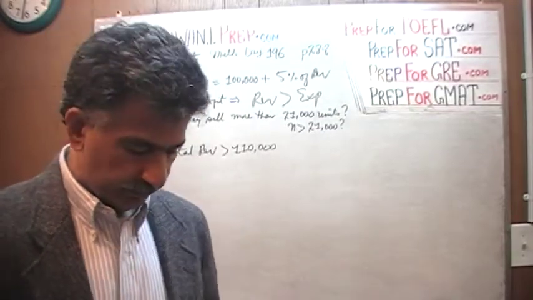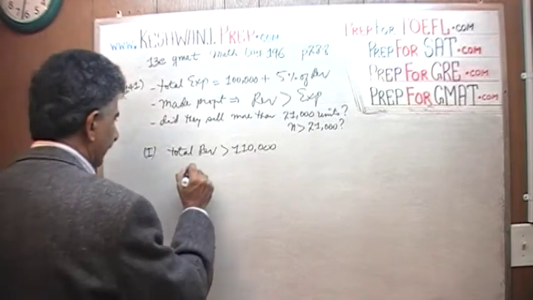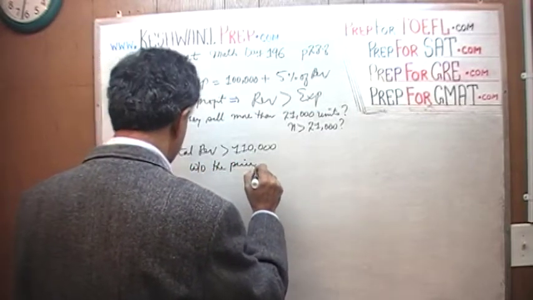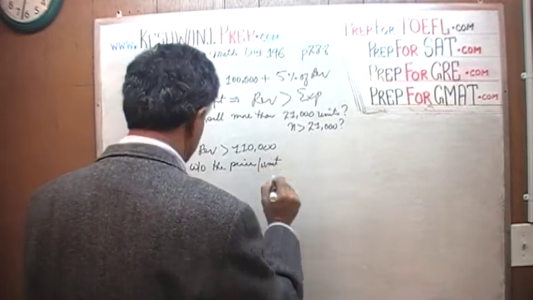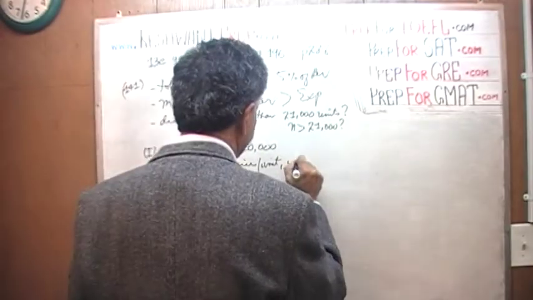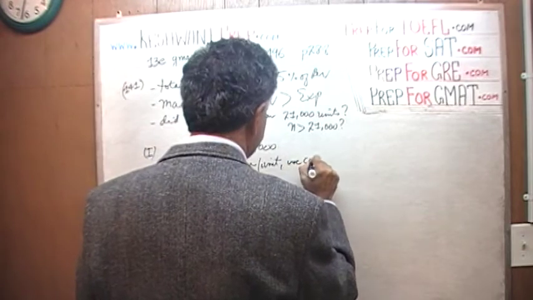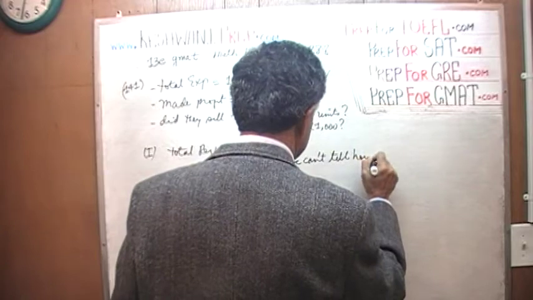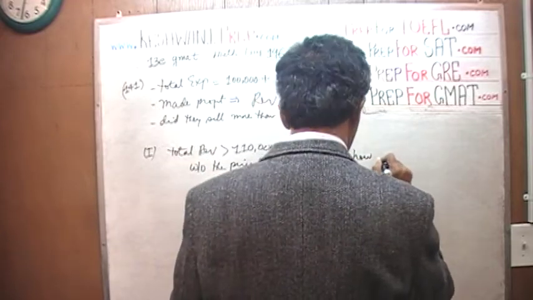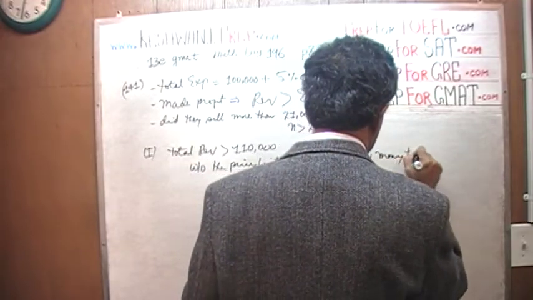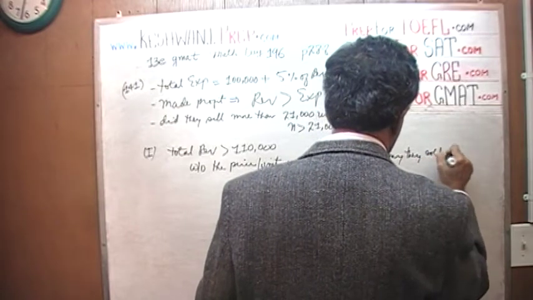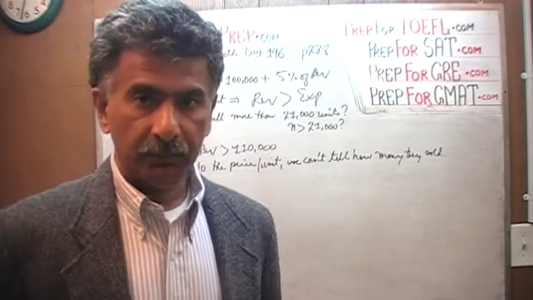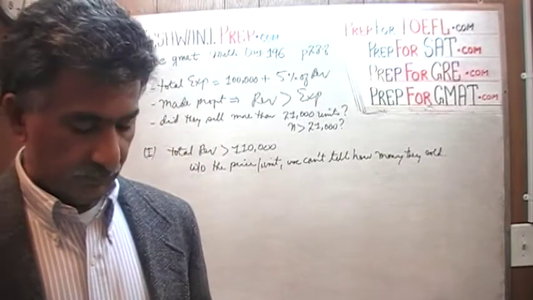Obviously, what is missing here is the price per unit. Without it, we can't tell how many they sold. I have a habit of writing everything out, even though it's a very straightforward concept. We need to know the price.